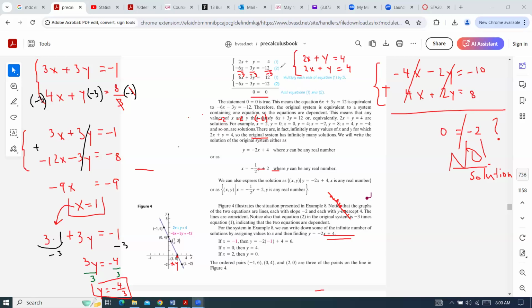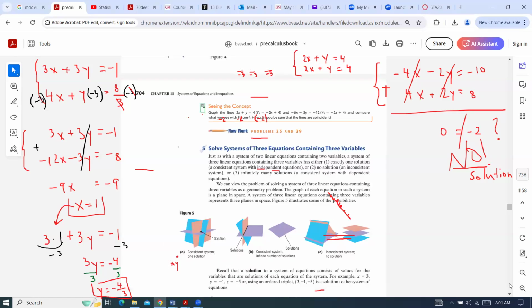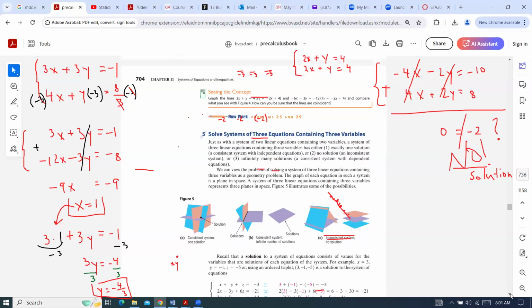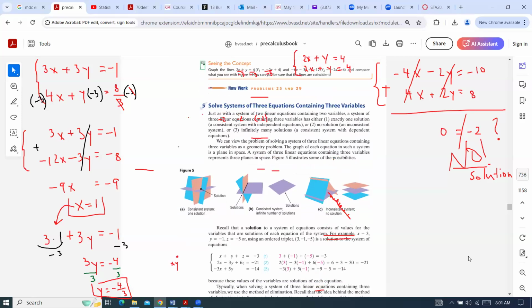And I guess that's the last thing I wanted to discuss today, because this section has more in it. I just wanted to start to introduce you to solving these little systems with 2 equations and 2 variables, because we're also going to see the case with 3 equations and 3 variables.